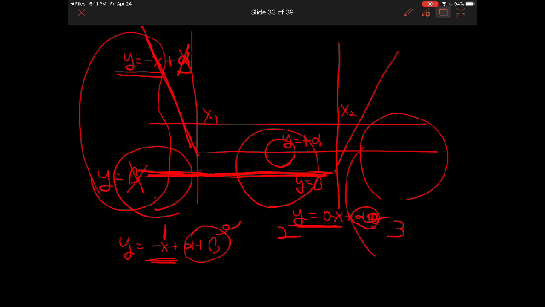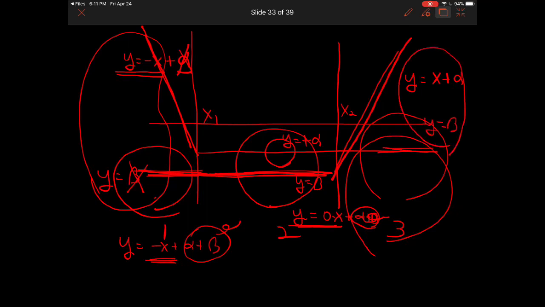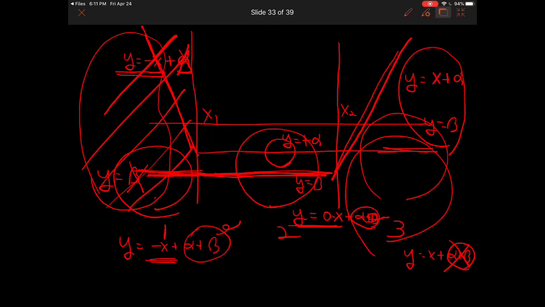What about the last area? y equals x plus alpha, from this one, and y equals beta. Adding these two, the key thing is y equals x plus some constants. I don't want to care about this one. The final shape for this area will become minus 1.